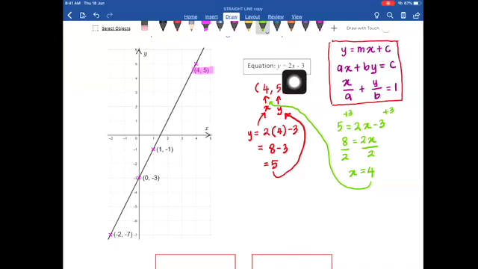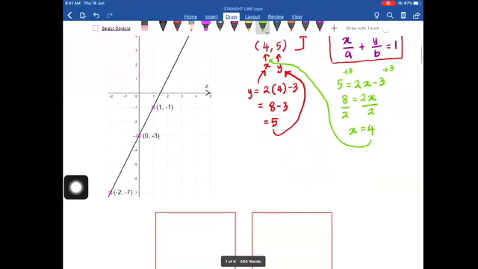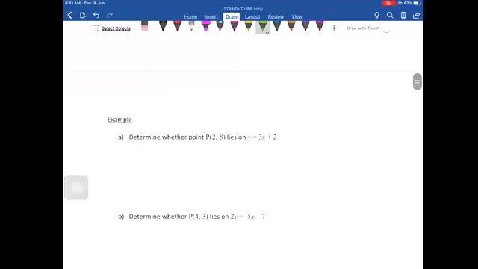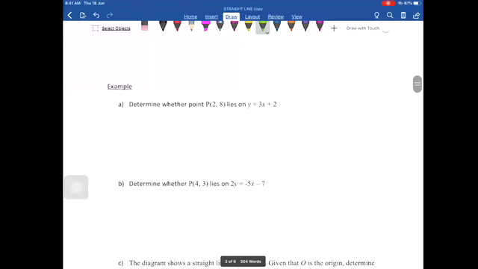So how does this equation satisfies this straight line? Okay, soalan cakap. Tapi ayat yang sebetulnya dia akan tanya, okay, macam inilah bentuk ayat dia. Okay, determine whether point P sama ada satu point ini lies, berada di atas, lies on, berada di atas y equals to 3x plus 2.